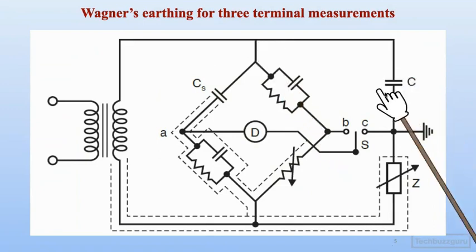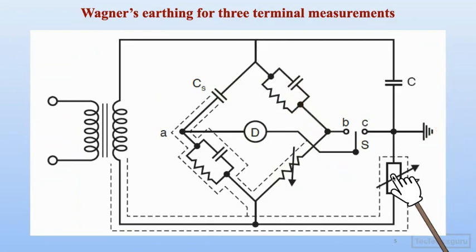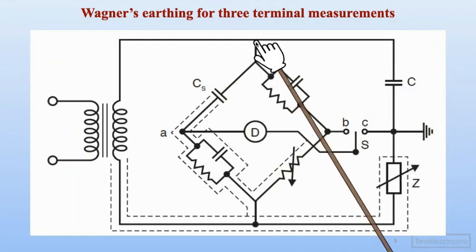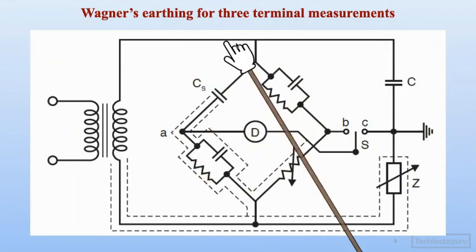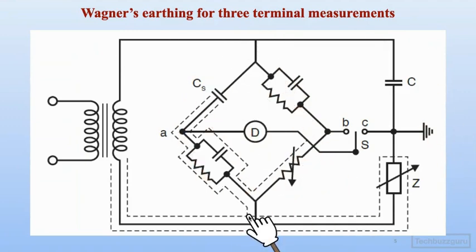So with the introduction of this capacitance and variable impedance, the effect of CC and CD will be directly connected to the ground. The supply appears across the bridge, and top and bottom ground capacitances will not affect the bridge balance for the sharing bridge.